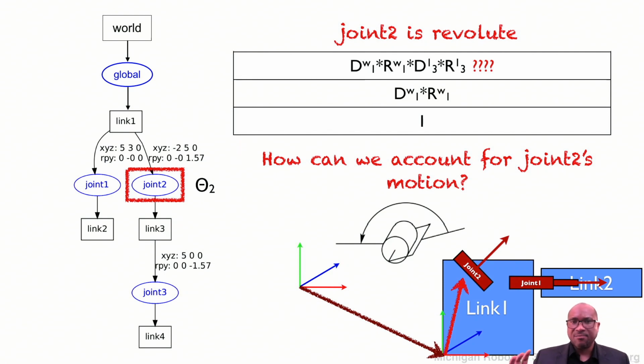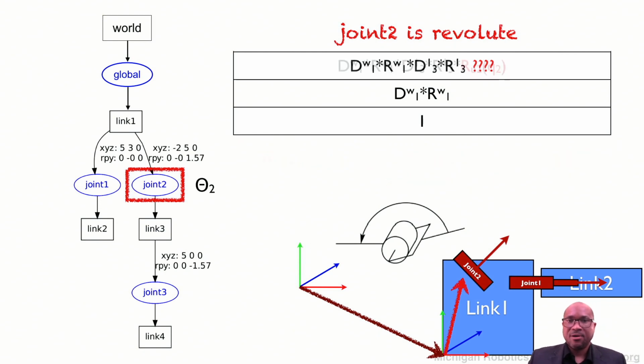So this is something that's going to be revolving around our motor axis, which could be any unit vector. And so how do we account for the motion of joint 2 if we want to have some rotation that we right multiply onto our matrix stack?